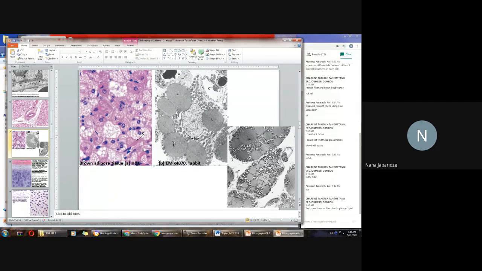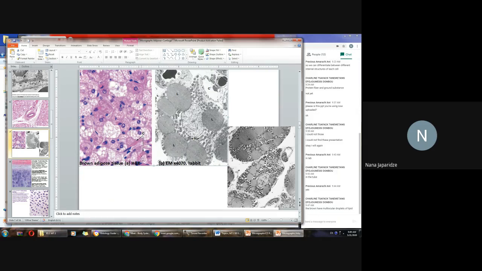All these features, I mean lipid droplets, mitochondria, capillaries, or vascularization, provide much darker staining of this tissue. Look at how capillaries look in light microscopy.